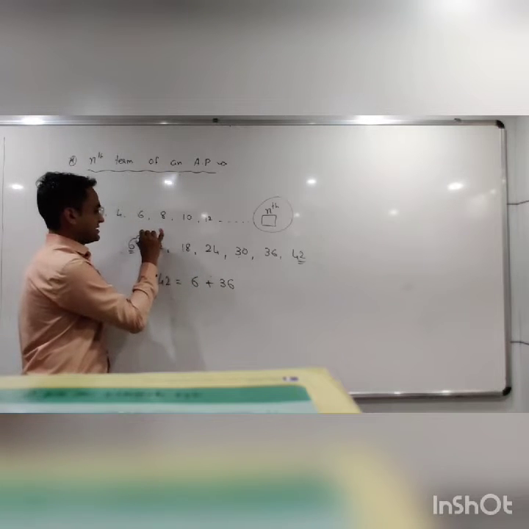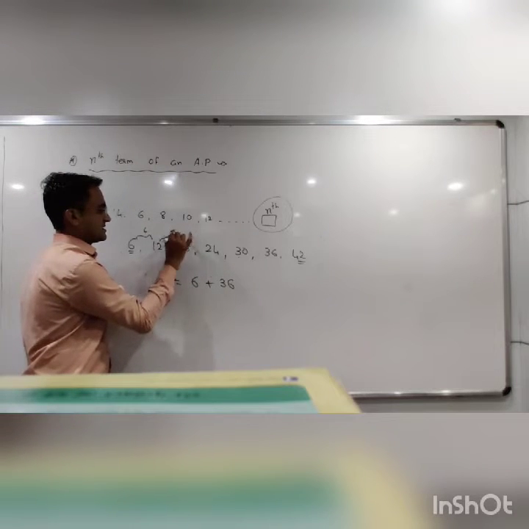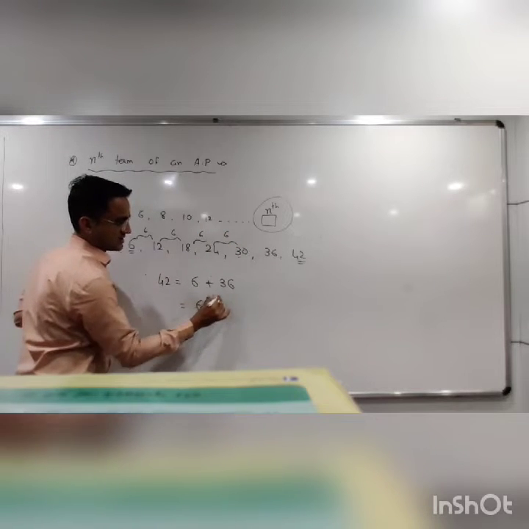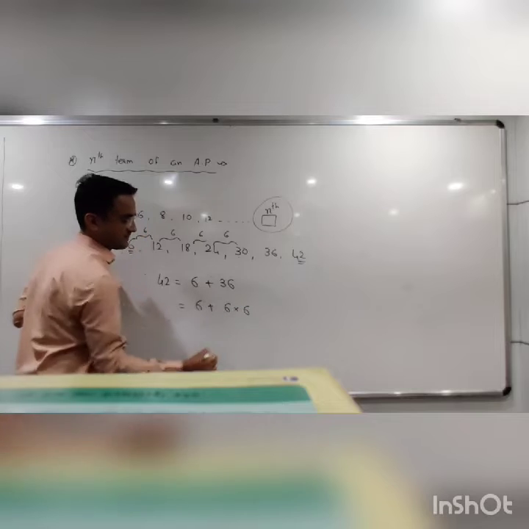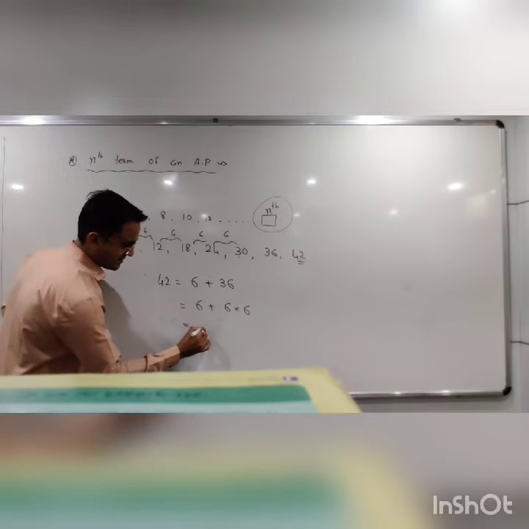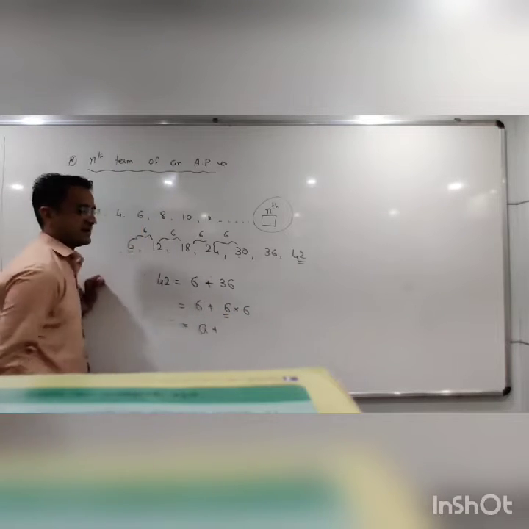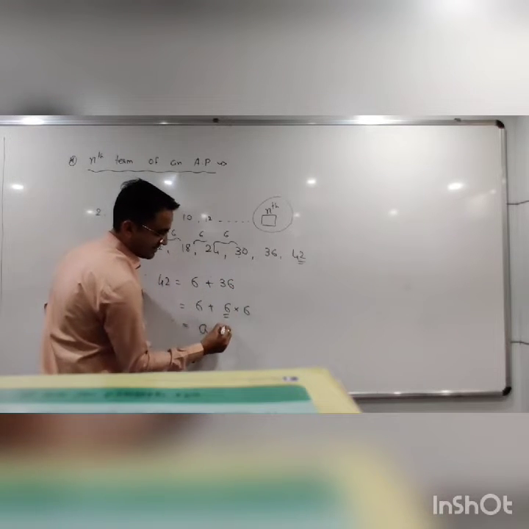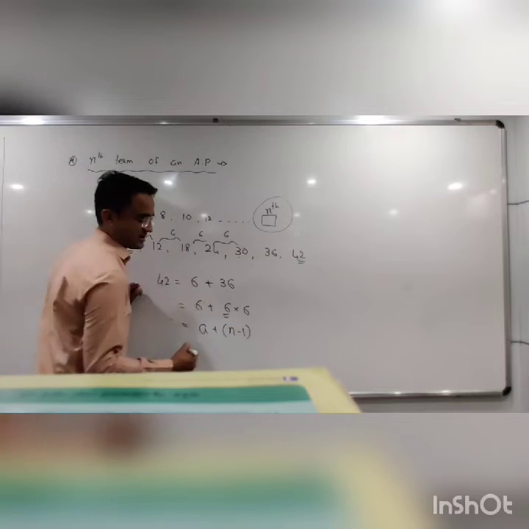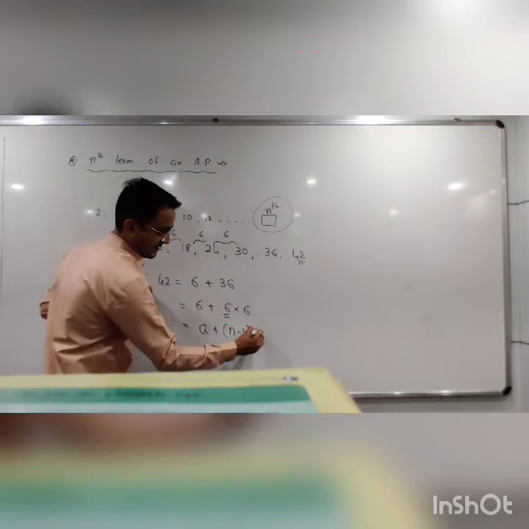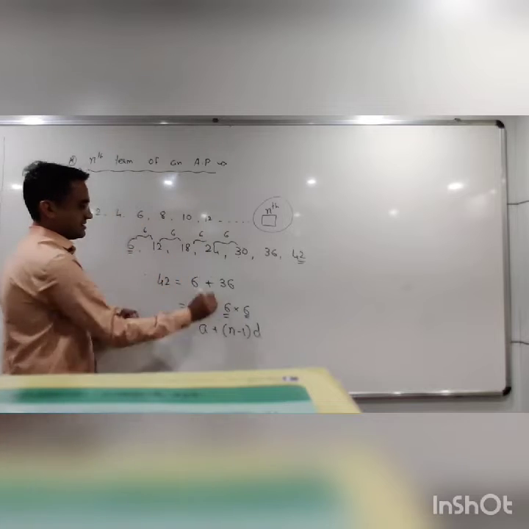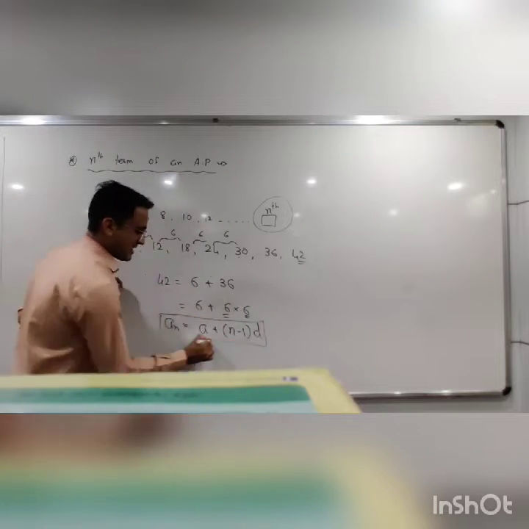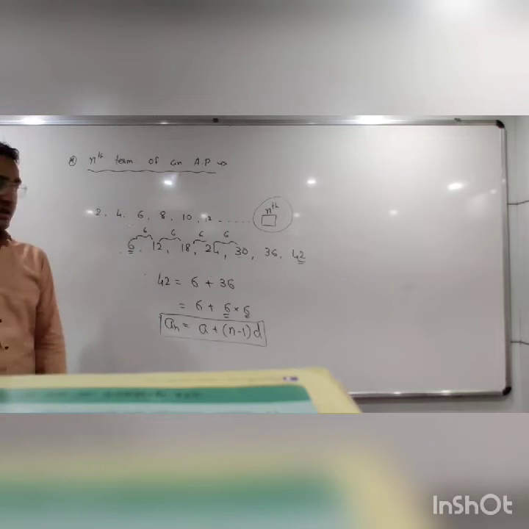Now, what is the difference? 6. So what to do? You have to do 6 times 6. What is 6? 6 means the first term. Here, how many terms? 1, 2, 3, 4, 5, 6, 7. So 7 means I can write 7 minus 1, and this one is your difference. So you can find the nth term by this formula.